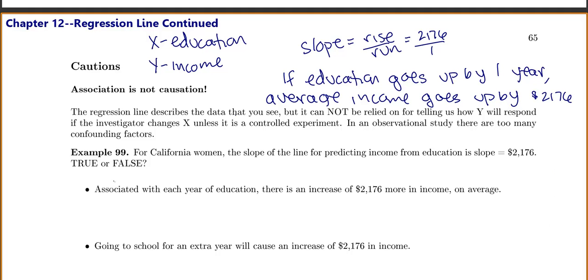So the first true or false statement says, associated with each year of education, there's an increase of 2,176 more in income on average. That is true.